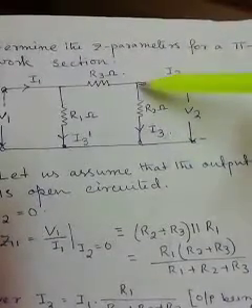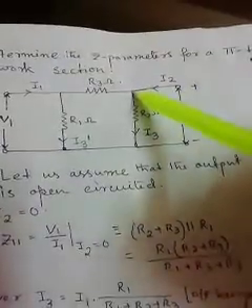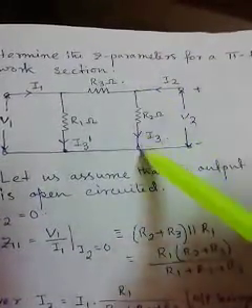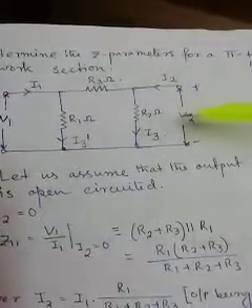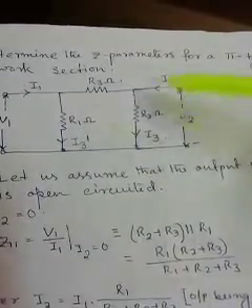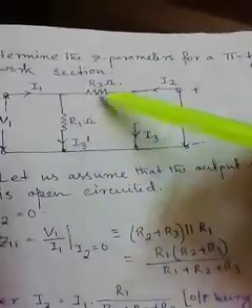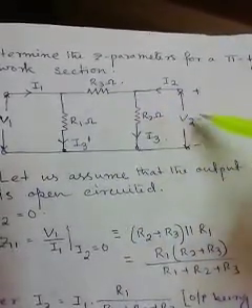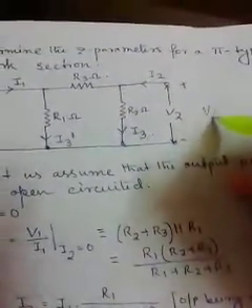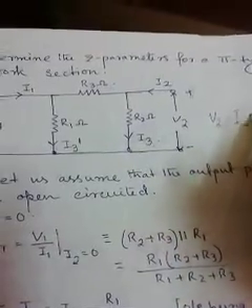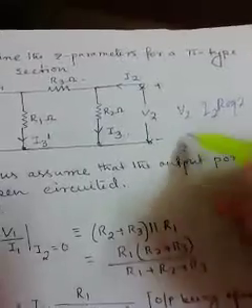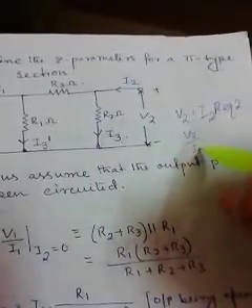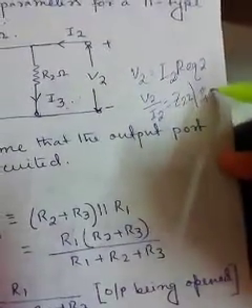So what happens? Similarly, I2 will come up to this point, then it will get branched between this part and this part. So looking from this side, what will be the R equivalent? It will be (R1 plus R3) parallel R2. So we can write V2 equals I2 into R equivalent 2, and this R equivalent 2 is nothing but V2 by I2, which is actually Z22 at I1 equals 0.